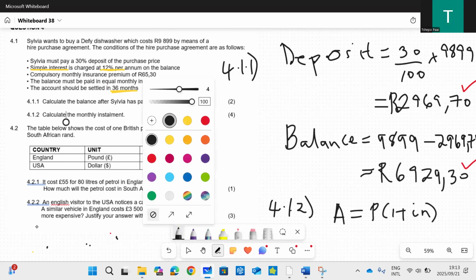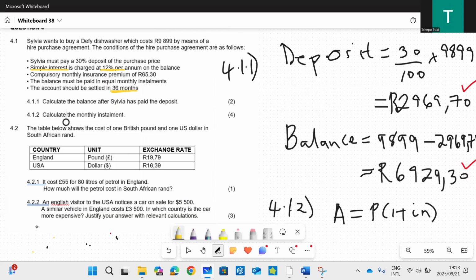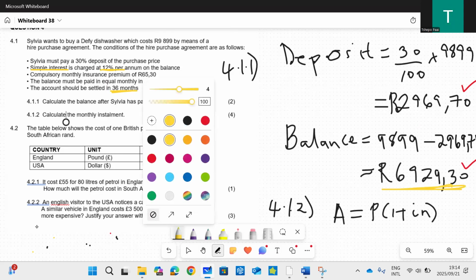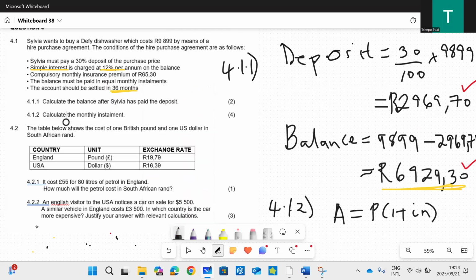Which amount is getting interest? Remember, this is your amount, which will be the one that will serve as your P here. So let's substitute it.